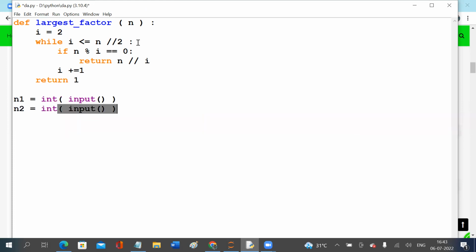Now, as I told you earlier, if n1 is less than n2, swap. n1 is replaced by n2 and n2 is replaced by n1. Now, get a list and add n1 and n2 to it.